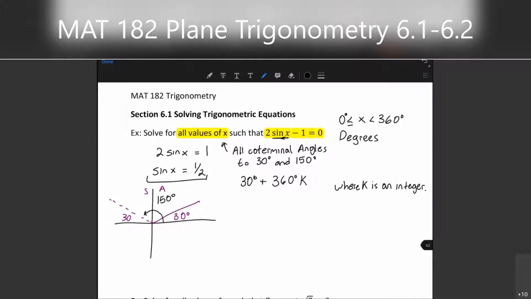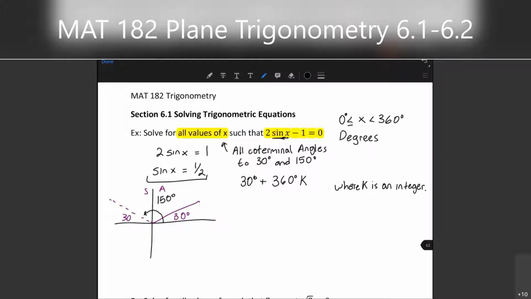So we're going to be adding integer values of 360. If I add 360, I'd get a coterminal angle. If I add 720, I'd get another one. If I subtract 360, I would get another coterminal angle that would be a solution. So that would be one set of possible solutions, where k is an integer.